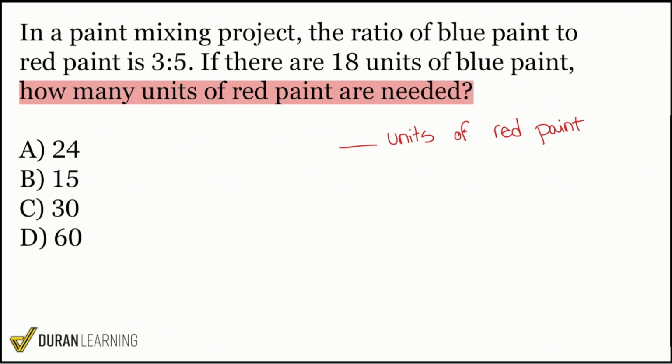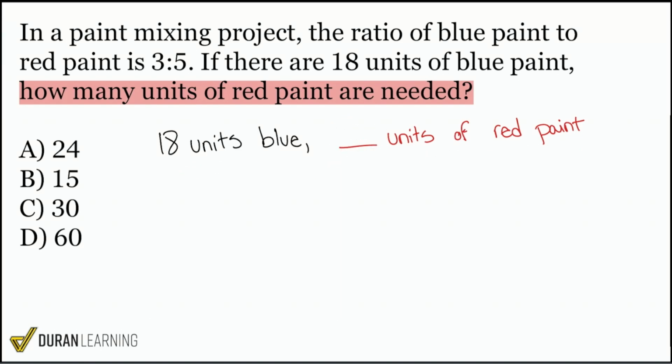So what they are telling us is that the number of units of red paint is going to be associated with the 18 units of blue paint. So I'm going to write that down over here: 18 units of blue, and that's going to be included with the whatever units of red.